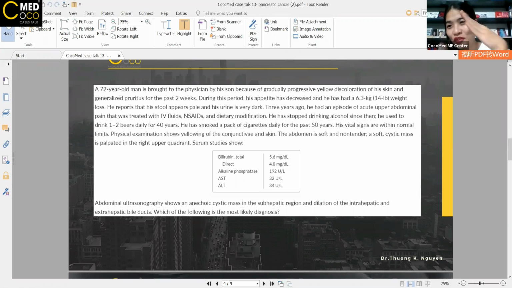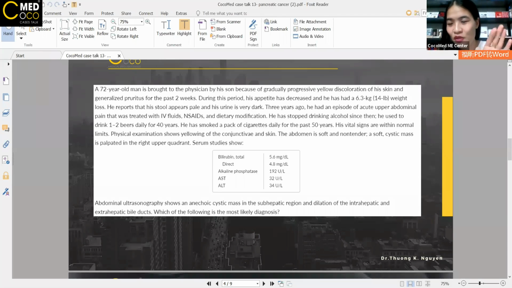Okay, we need to differentiate here. When we see that mass, it doesn't mean it is a tumor or a cancer. Sometimes with an obstruction, part of the system can be dilated, and we can see this on ultrasound with another cause. So now we need to think about which obstruction it is and which is the complication, the cause and the complication.